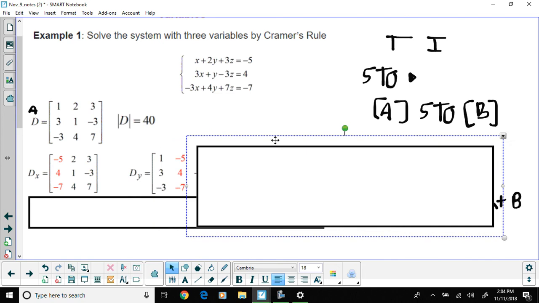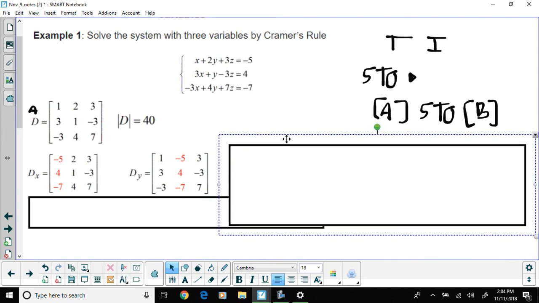I can then make matrix C, or the Y one, real easy by just replacing the middle column. So if I store my original matrix, maybe leave it as D, and then store to X, Y, and Z, I can make all three of the other matrices that I need.